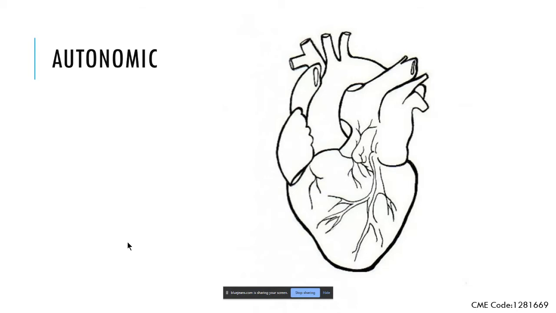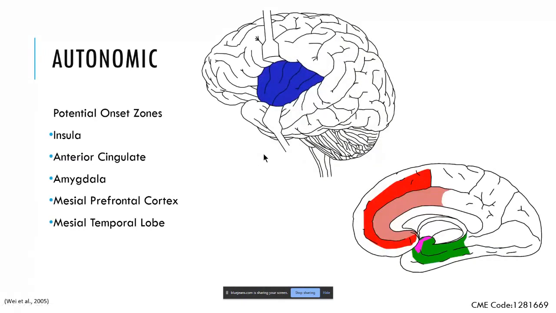Sympathetic and cardiovascular phenomena tend to be the most prominent. These types of seizures were found to be primarily associated with mesiotemporal lobe and amygdalar onset, but also had areas in the insula and mesial prefrontal cortex implicated as seizure onset zones.